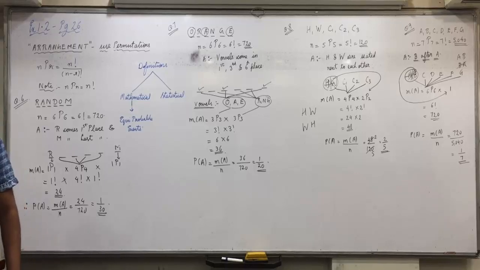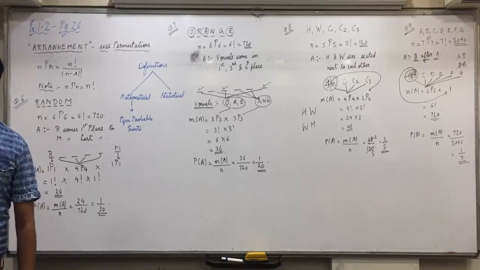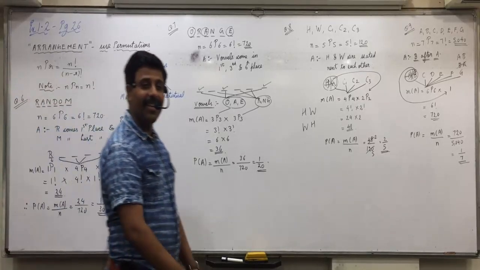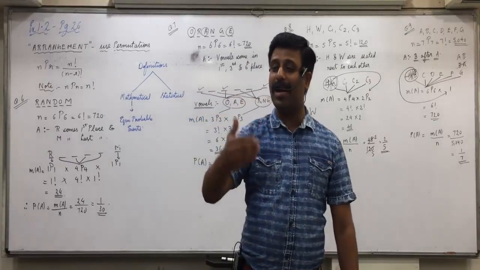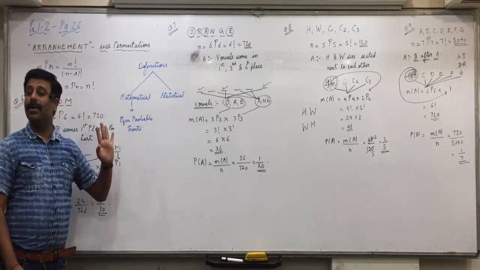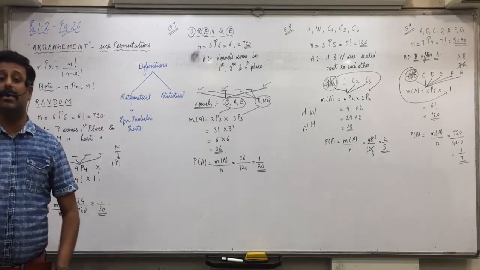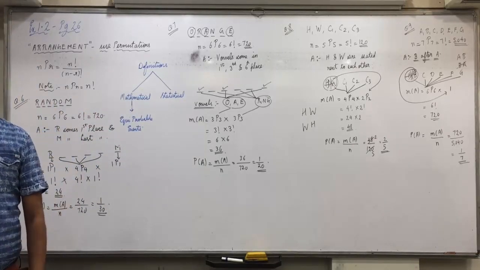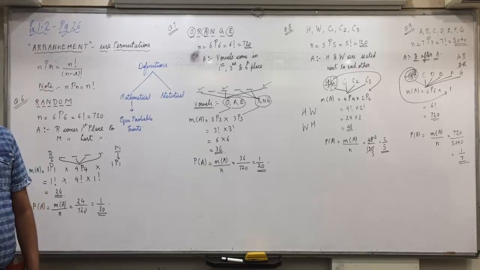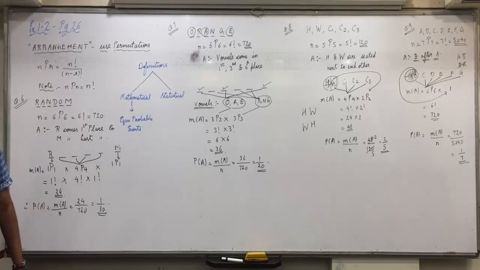If you throw 1000 times, you get closer to 1 by 6. 1 lakh times, no other job, sit down, then you get even closer to 1 by 6. So in the statistical definition, you perform the trials, experiments and keep on repeating it a large number of times. Did you understand this portion, everyone?